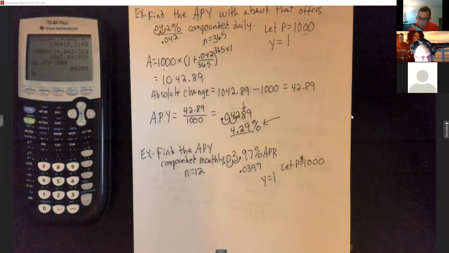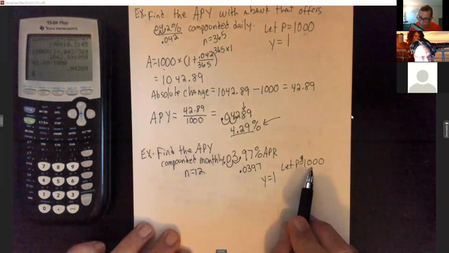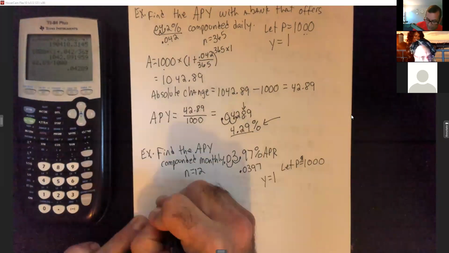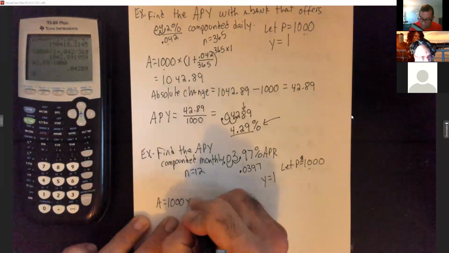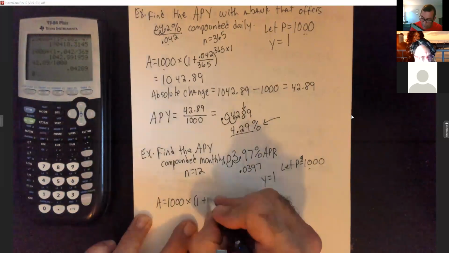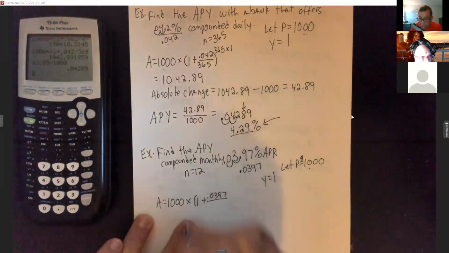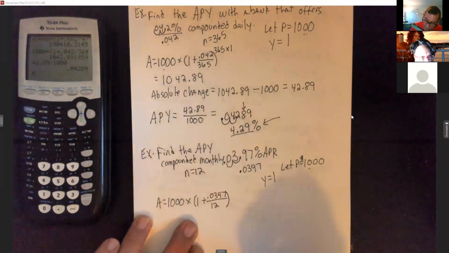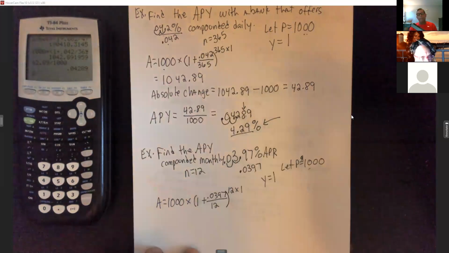All right, so remember, the first thing we got to do is see what happens to our $1,000 for 1 year at this percent. So we got A equals P, which I said I was going to let be 1,000, times parenthesis 1 plus APR 0.0397 divided by N, which is 12, all raised to the N, which is 12, times Y, which is 1.